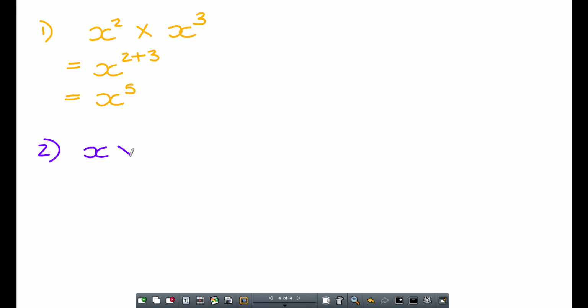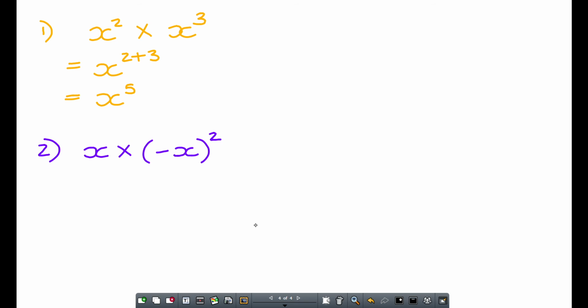X times, and now listen, minus x to the power of 2. Okay, just to quickly remind you guys about what you've been taught in grade 8. When I put brackets around, it means that that square, or to the power of 2, applies to everything inside that bracket, right?